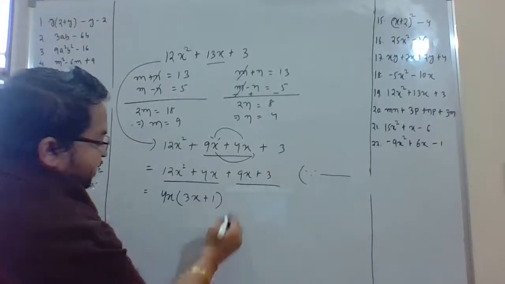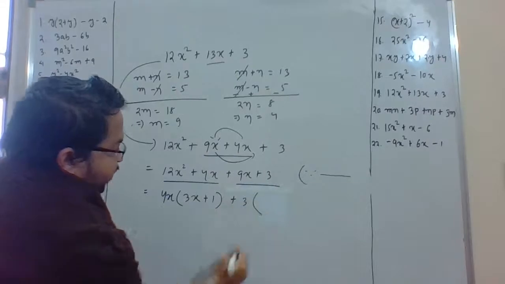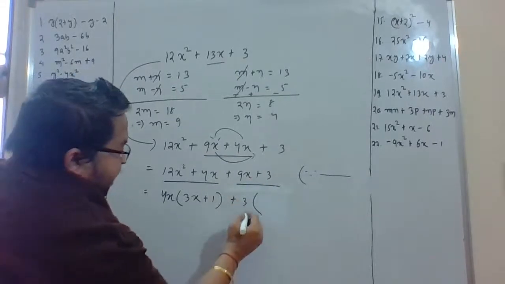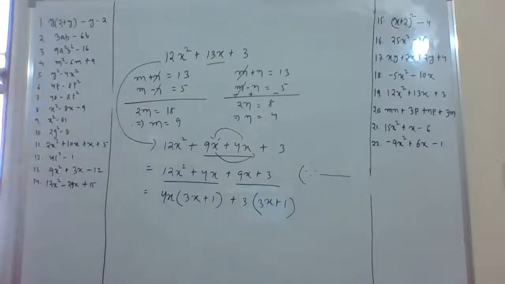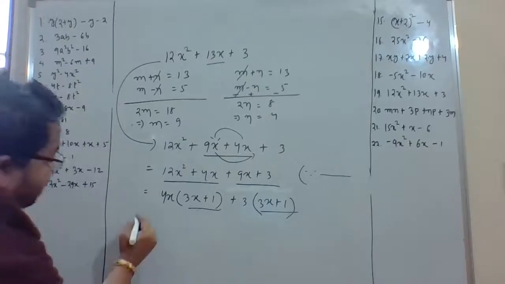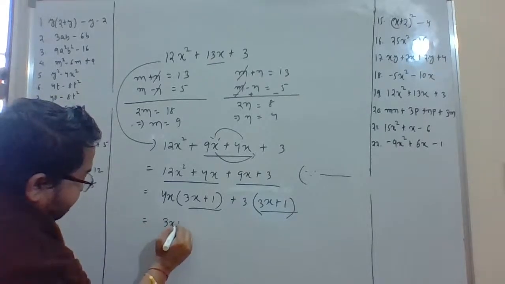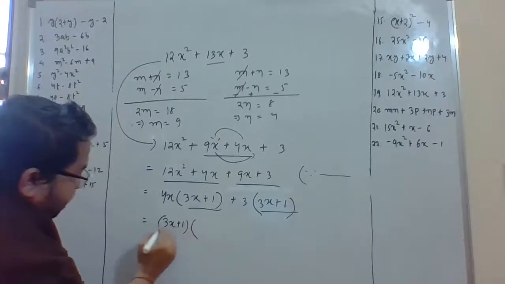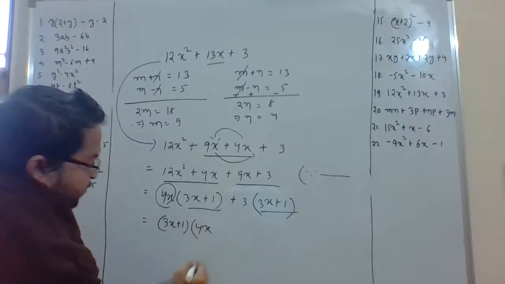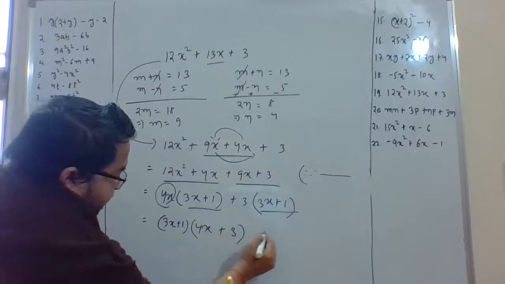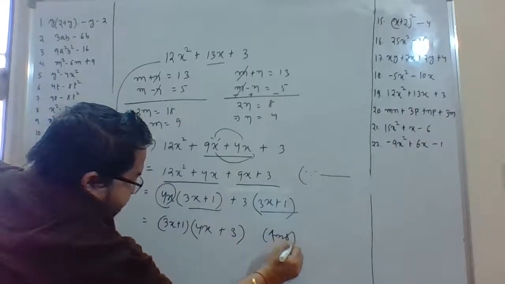And between the next two terms, if I take 3 as common factor, then what I get back would be 3x plus 1. So obviously now 3x plus 1 is the common factor across both the terms. So if I take 3x plus 1 as the common factor, from here I'll get 4x, right? And from here it will be plus 3. And this is your answer.